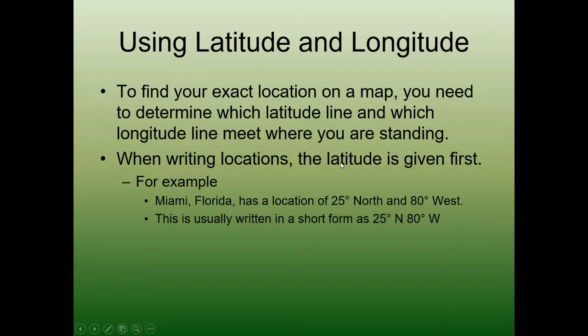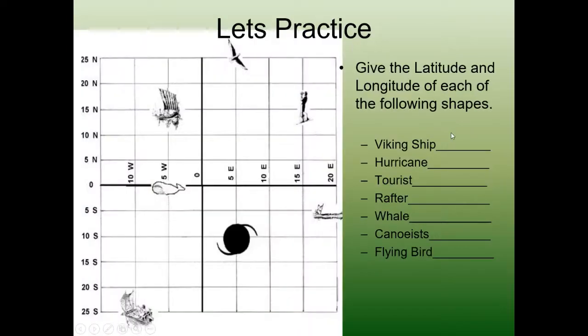Okay, when writing locations, latitude is always given first. So you would say like Miami, Florida is 25 degrees north, 80 west. And in short form, 25 N, 80 W. Usually I'll throw a comma between it, but you don't have to.